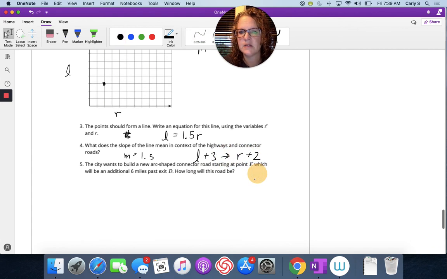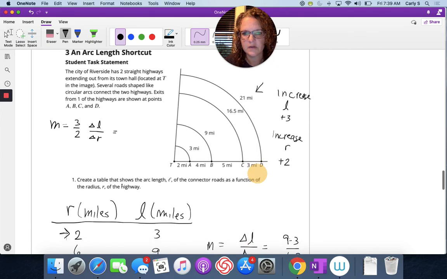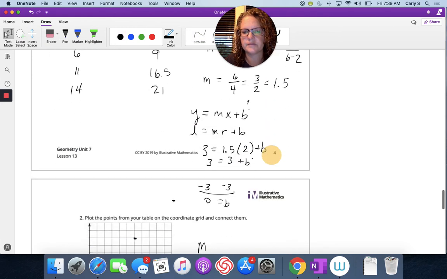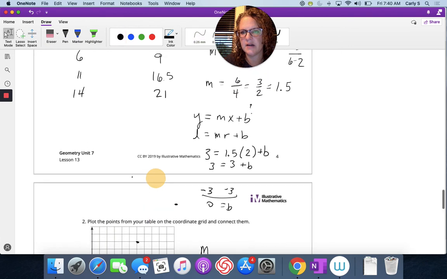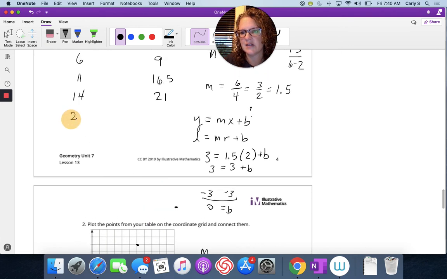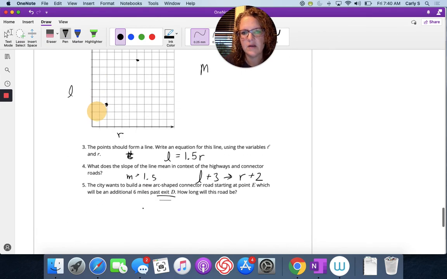The city wants to build a new arc-shaped connector road starting at point E. Okay, A, B, C, D. We need another connector road at E, which will be an additional 6 miles past exit D. So if I look at this table, it's a plus 6, so that's going to be 20. How long will this road be?